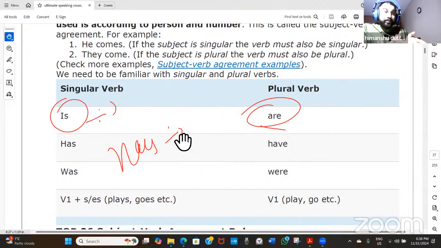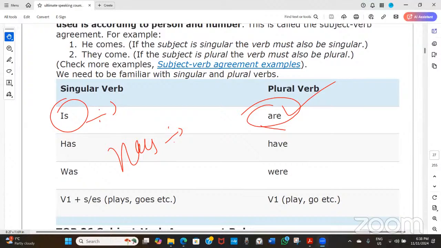For the existence in the present, we'll use are, like horses are, boys are, girls are, people are.